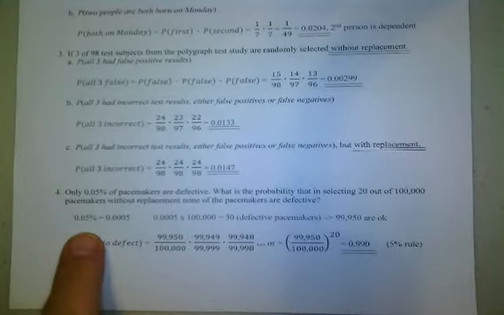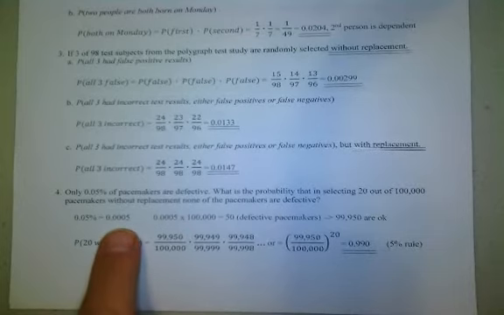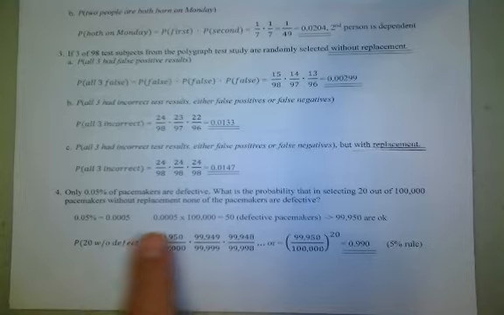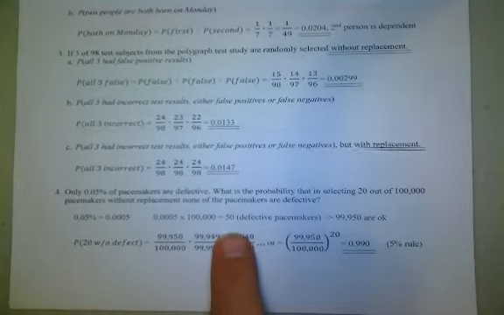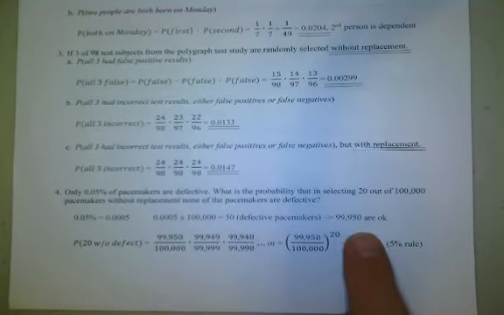Now, 0.05% as a decimal is 0.0005. That's the rate. So if I do that times the 100,000, out of that 100,000 there are 50 pacemakers that are defective. But it also means there are 99,950 that are okay.